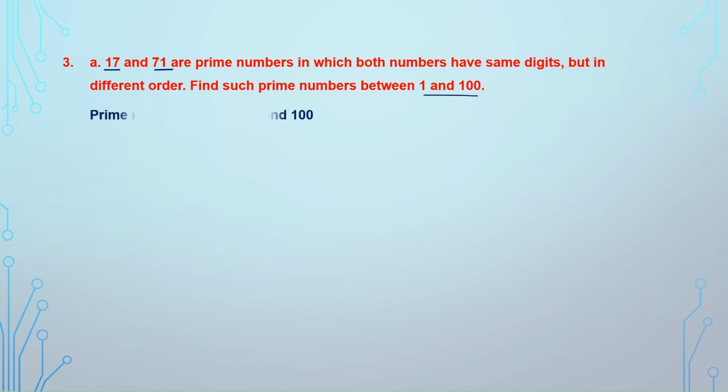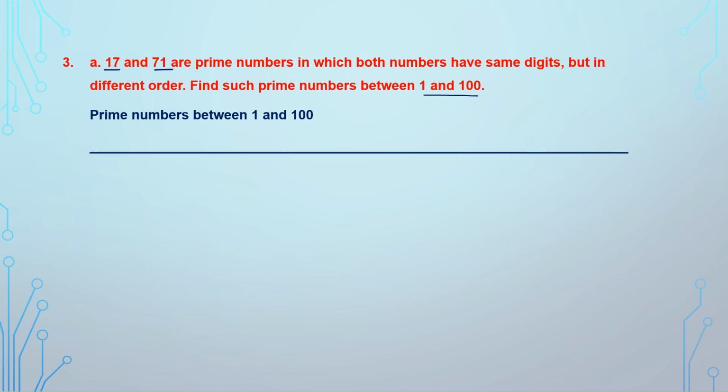The first thing to do is write all the prime numbers between 1 and 100. So, let's do that. So, let's begin. 2, 3, 5, 7, 11, 13, 17, 19, 23, 29, 31, 37, 41.